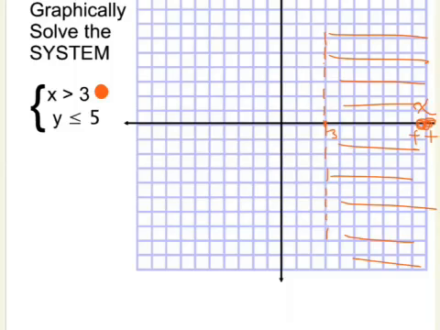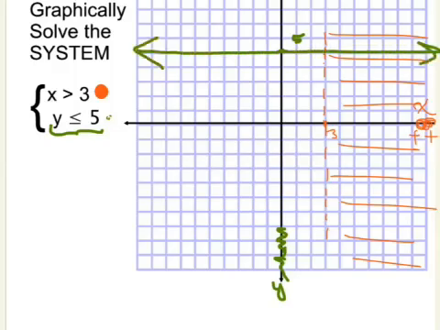Now you take a deep breath and you go to the other one. We're going to use this lovely avocado color. And let's see where y is smaller than 5. Now, the y values are very small down here. And in fact, our y values are going to stay smaller than 5. So we go up here to 5. This is where 5 is. And this time we draw a solid line.